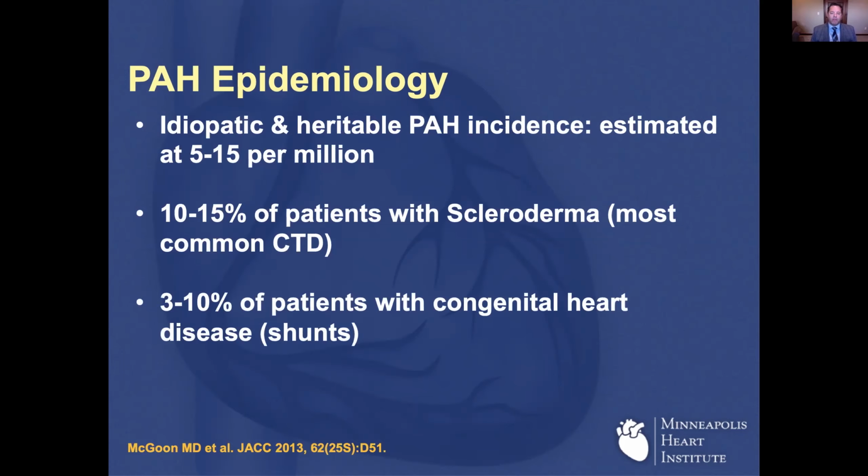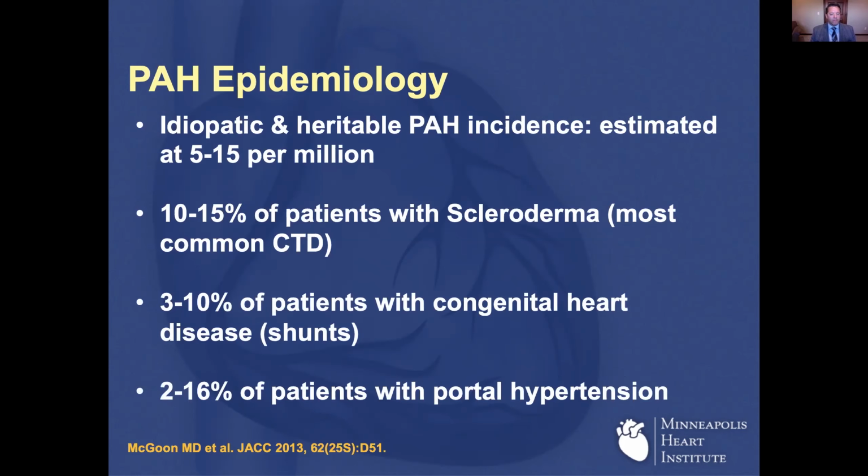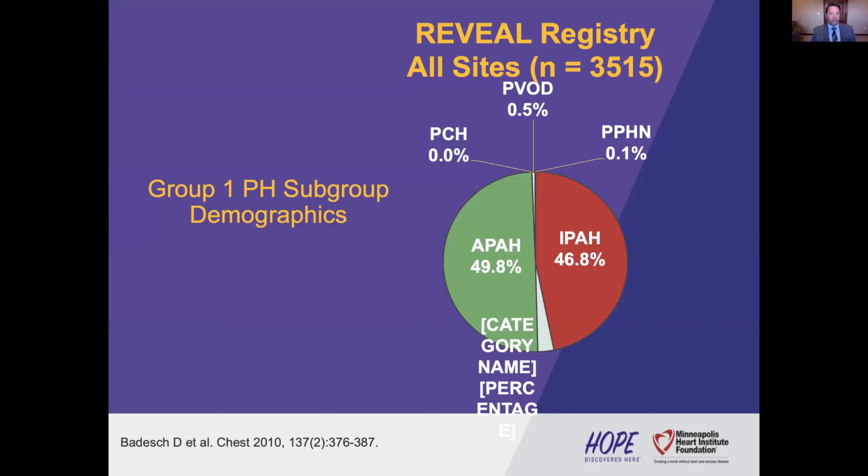About 3 to 10% of patients with congenital heart disease will develop pulmonary arterial hypertension, usually in patients with atrial septal defects or ventricular septal defects. And then 2 to 16% of patients with portal hypertension or liver disease will go on to develop PAH. And so those patients often warrant close follow-up and evaluation.